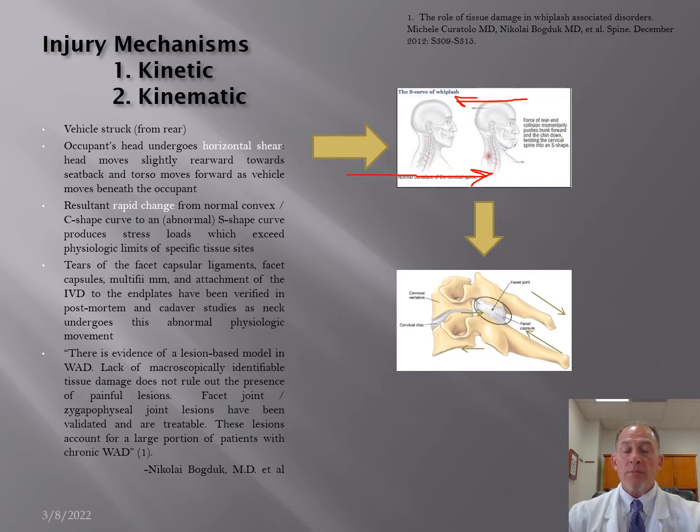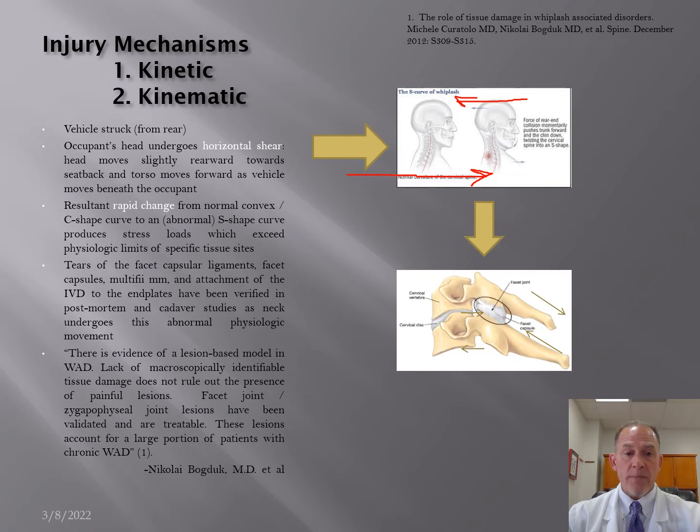What we're looking at are the potential for tears of the facet capsular ligaments, facet capsules, multifidus muscle groups. The attachment of the intervertebral disc to the end plates have also been verified and documented. And if we reference Bogduk and Curtolo's work, they state, and I quote, "There is evidence of a lesion-based model in WAD.